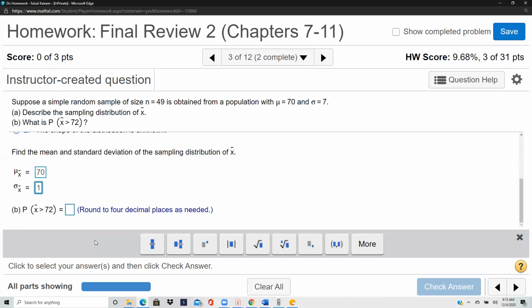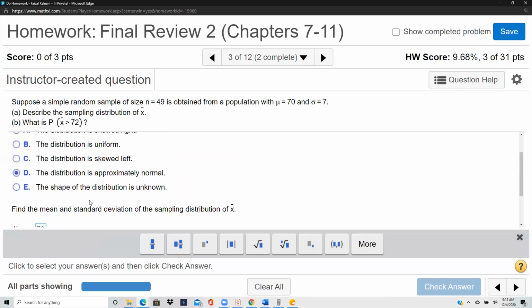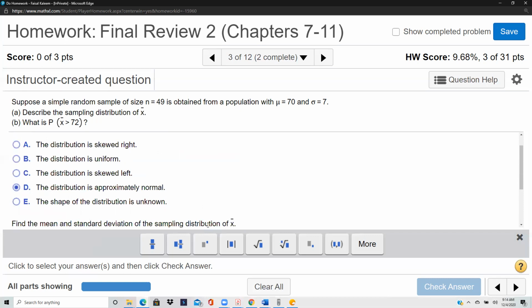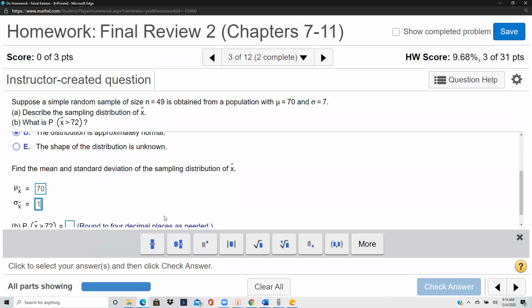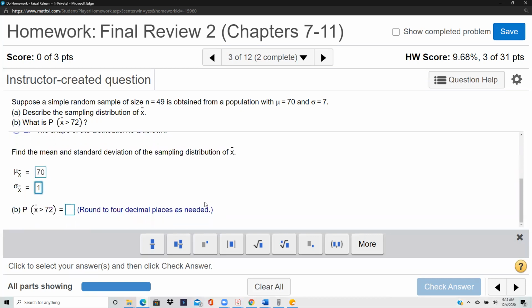So we will use the result of part A. What did we find in part A? The distribution is approximately normal. So then what do we do? Use the normal calculator.